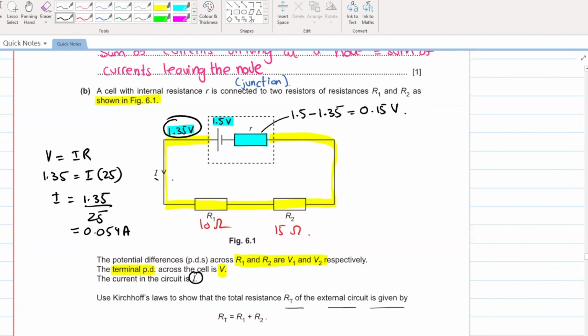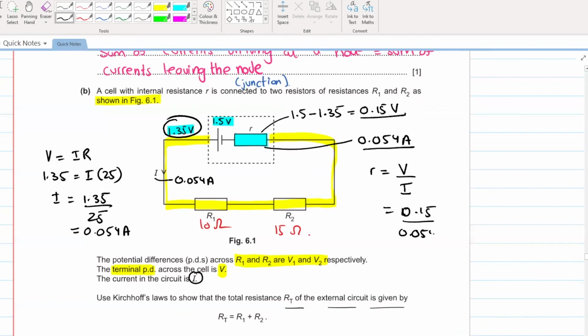Now, if this current is 0.054 ampere, the current in the internal resistance will also be 0.054 ampere. You have the current, you have the voltage. Can you calculate the small r? Yes, V over I. V is 0.15 divided by 0.054.